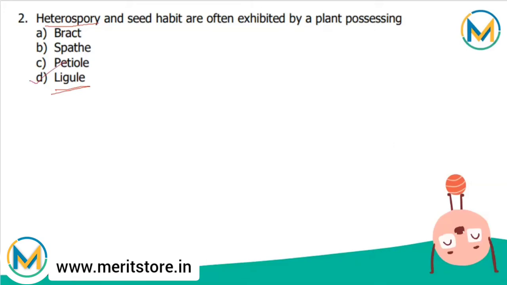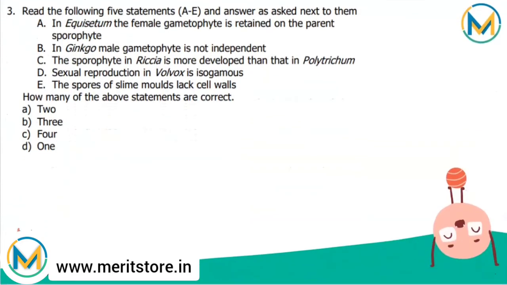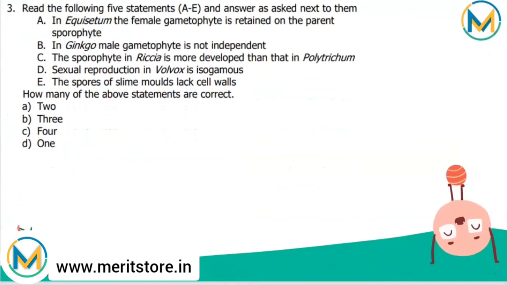Looking towards the next question, read the following 5 statements A to E and answer as asked next to them. First, in Equisetum, the female gametophyte is retained on the parent sporophyte. B, in ginkgo, male gametophyte is not independent.